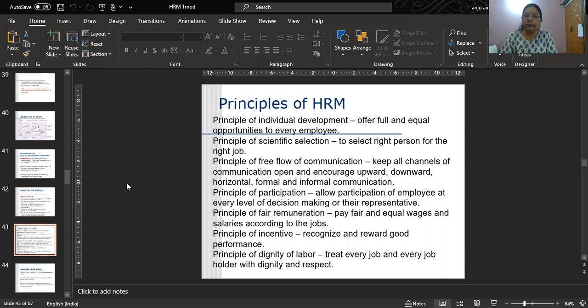So there are some principles of HRM. What are these principles of HRM? There is the principle of individual development, which means HR gives opportunities to every individual employee to develop themselves, to take care of training and development opportunities.